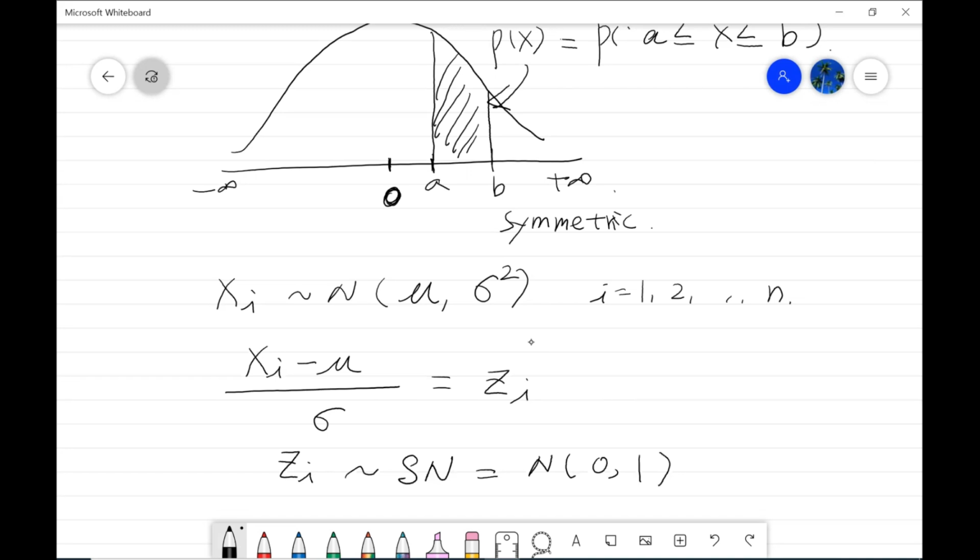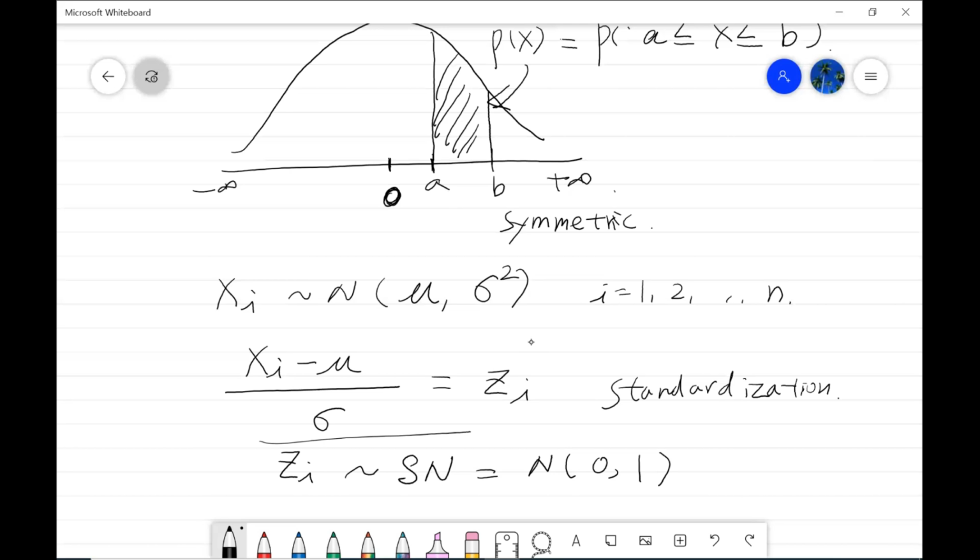This process is so-called standardization. The question is why we need this process. Normal distribution is very widely used, as I said, but one problem with it is that it's not easy to calculate a specific probability under the normal distribution. Yes, there is a way to calculate it, but it's not easy.